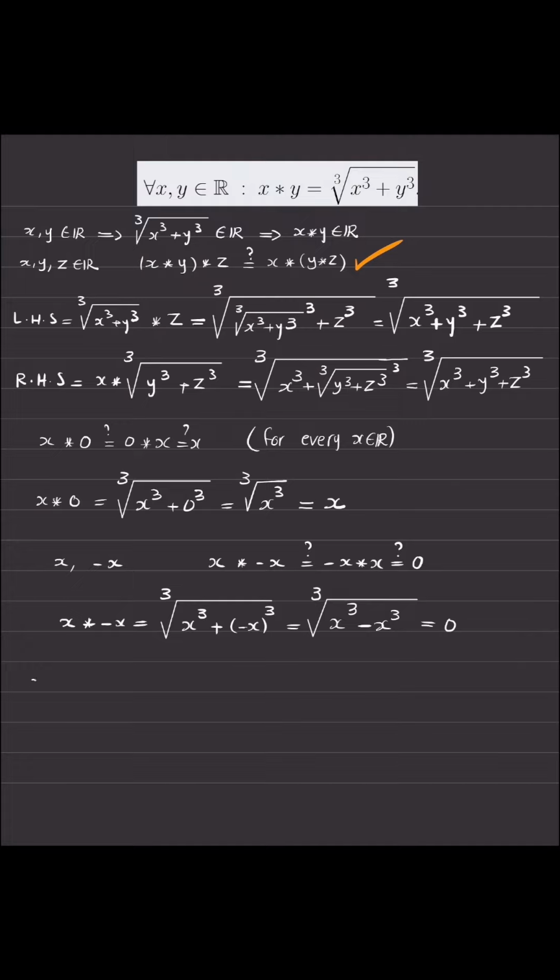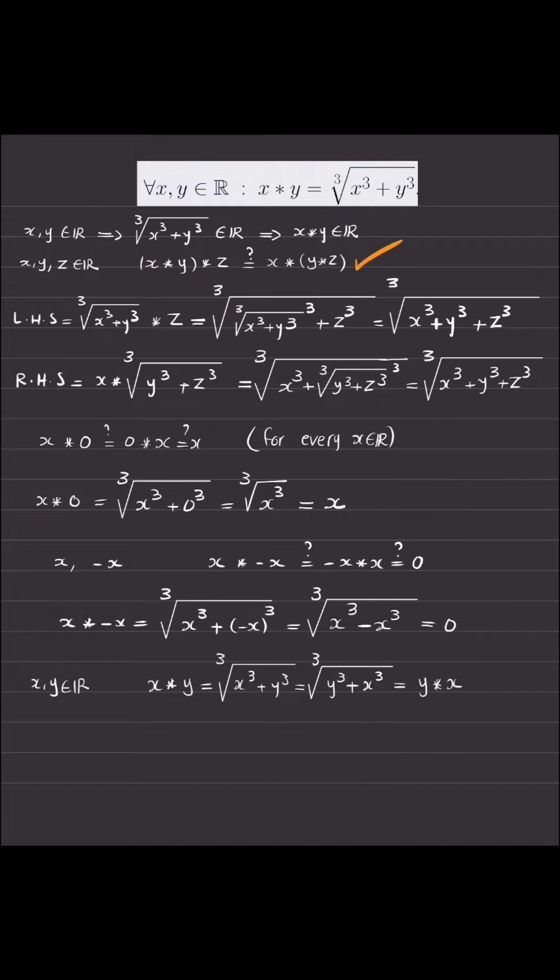So if you give me two real numbers x and y, and then when I calculate x star y, this becomes the cubic root of x cubed plus y cubed, but you know that addition is commutative, so I can swap y cubed and x cubed. But now if I ask you what is this expression, this is nothing except y star x.